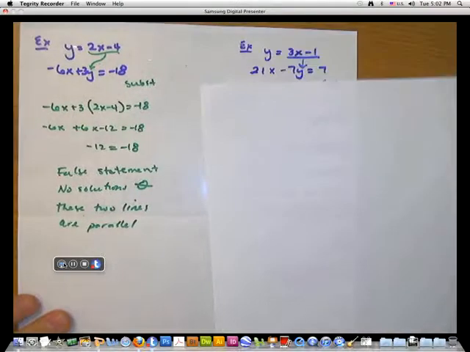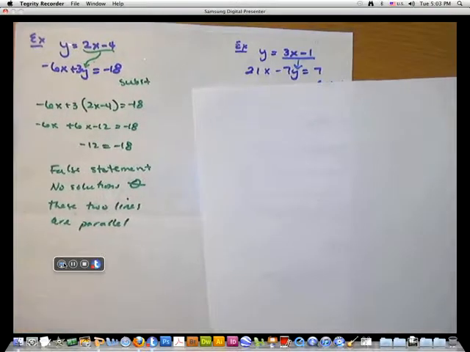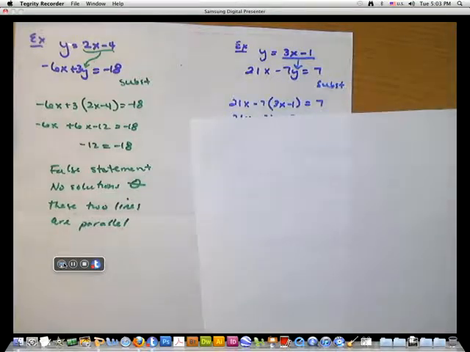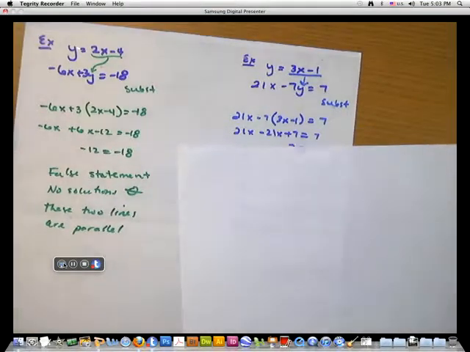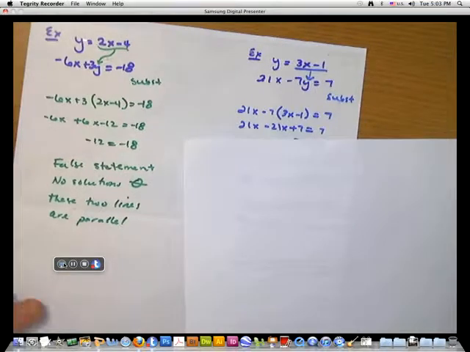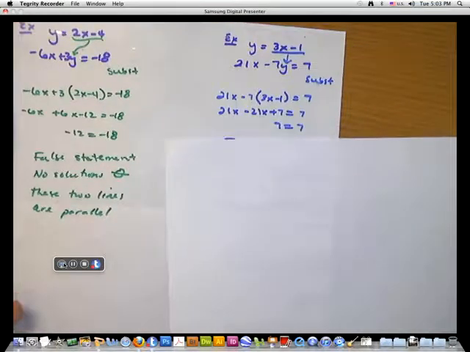Okay, so let's look at another possibility. Here y is solved for, so I'm going to substitute that into my second equation. When I substitute that into my second equation and replace the y with 3x minus 1, I get to combine all my like terms, distribute, and I get 7 is 7.